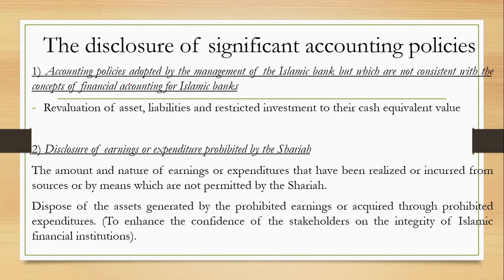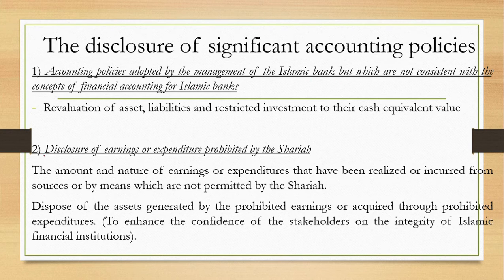For example, an accounting policy not consistent of Islamic Bank is the revaluations of asset, liability and restricted investment to their cash equivalent value. So these are all elements that need to be disclosed in their accounting policies by Islamic Bank.